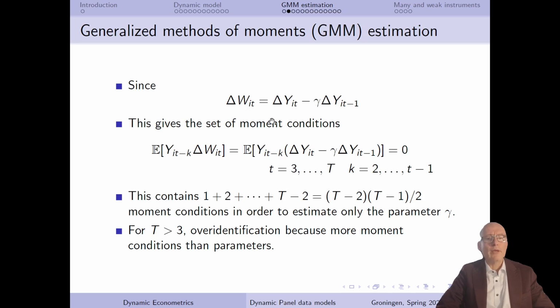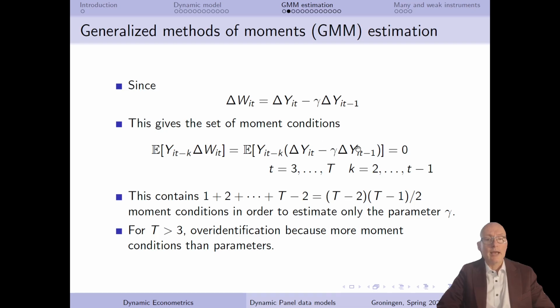But what we now can do is substitute this in order to get our moment condition that the mean of y_{i,t-k} multiplied by delta y_it minus gamma delta y_{i,t-1} is equal to 0. So essentially what we now want to do is search for a gamma for which this actually holds.